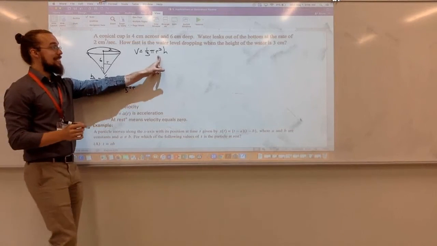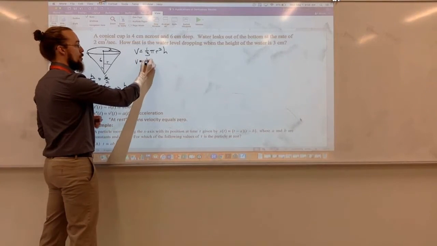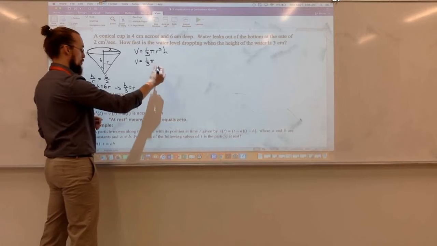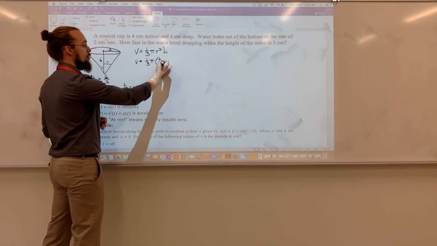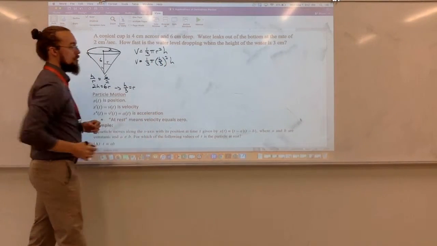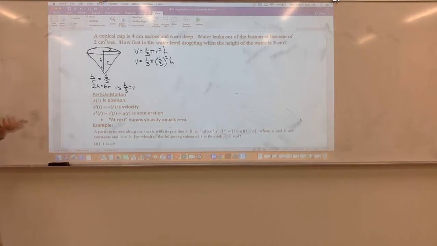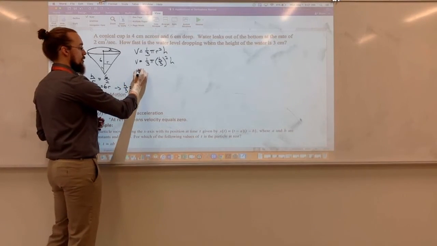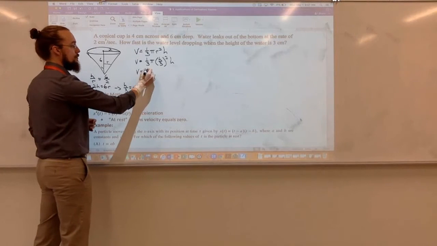So I can then plug this into my volume formula here. Say this is 1/3 times pi times H over 3 squared times H. Then we can do a little bit of simplifying here to make this a little easier.